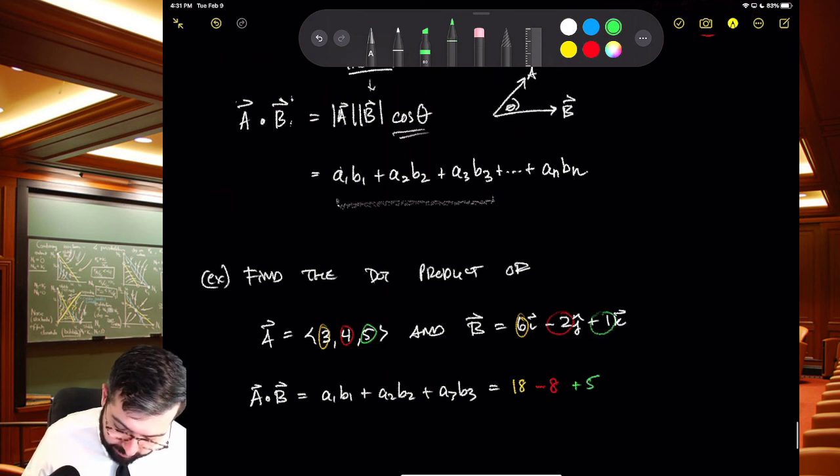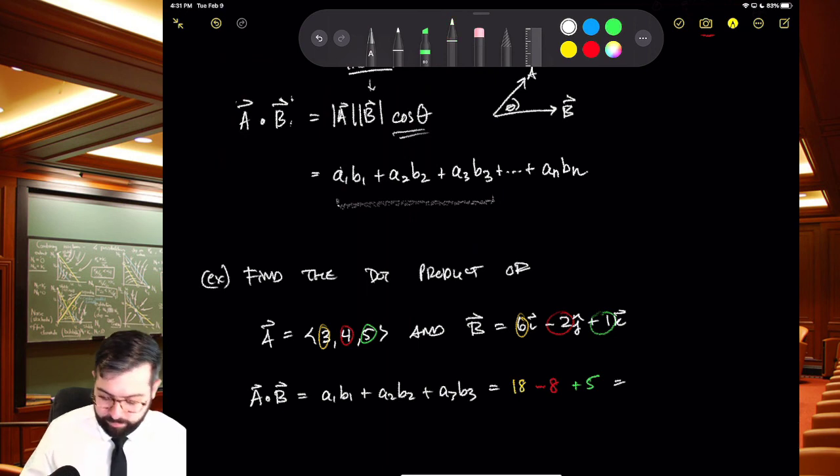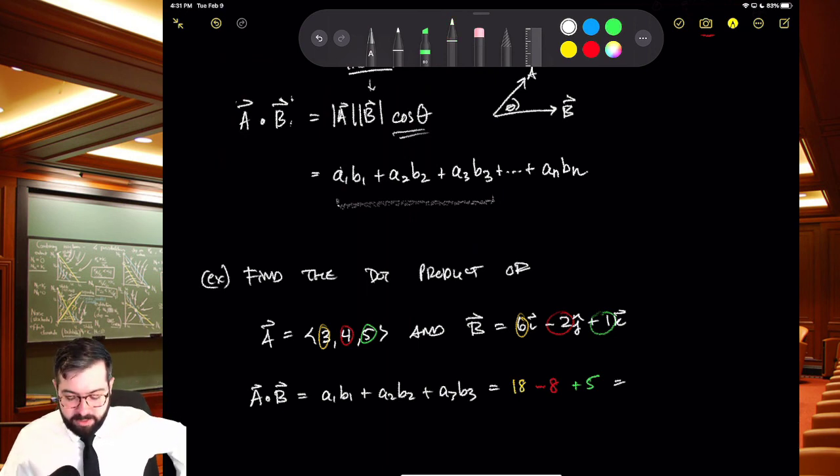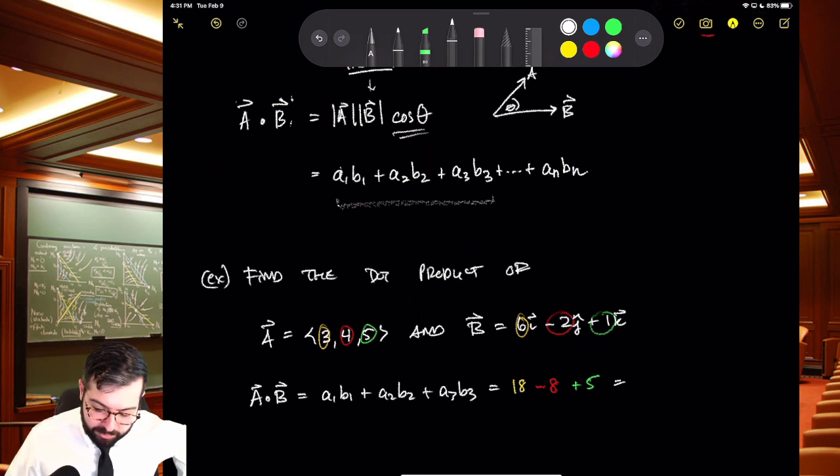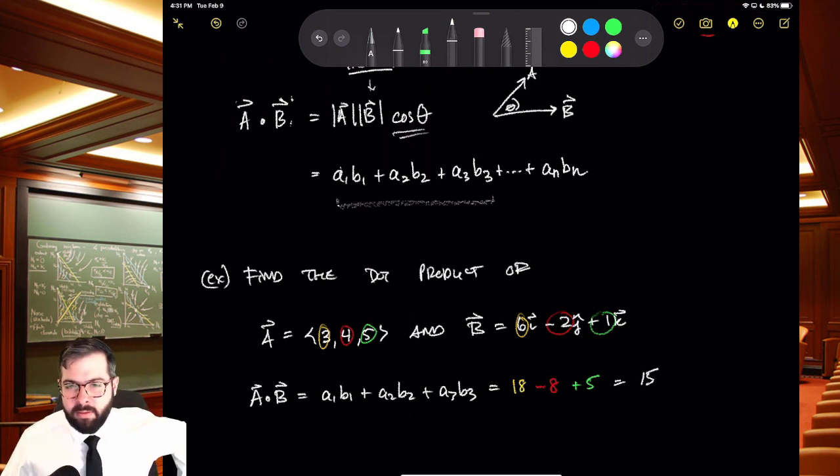That's a plus 5. So I end up with 18 minus 8 plus 5, which is 15. Which is what type of number? Scalar. That's a scalar. So we multiplied two vectors together, and we ended up with a scalar.